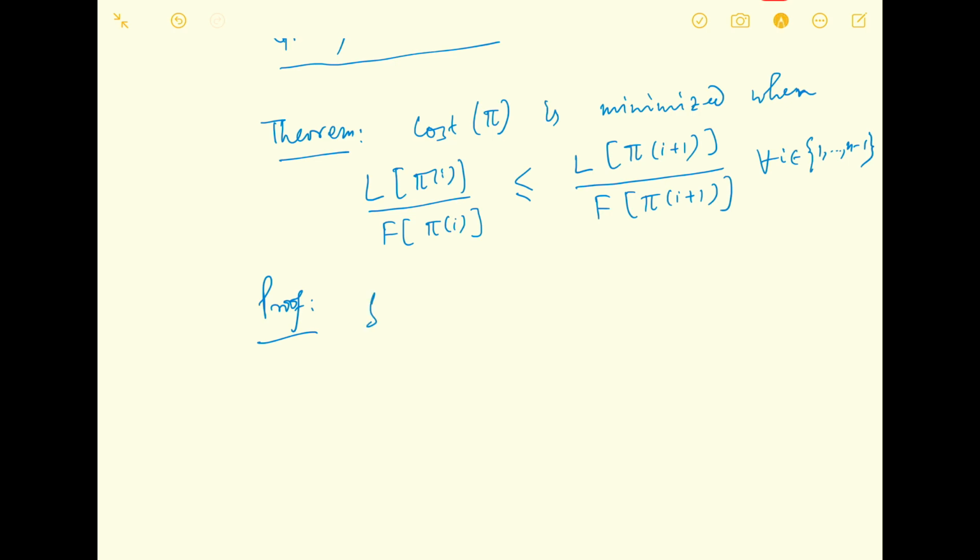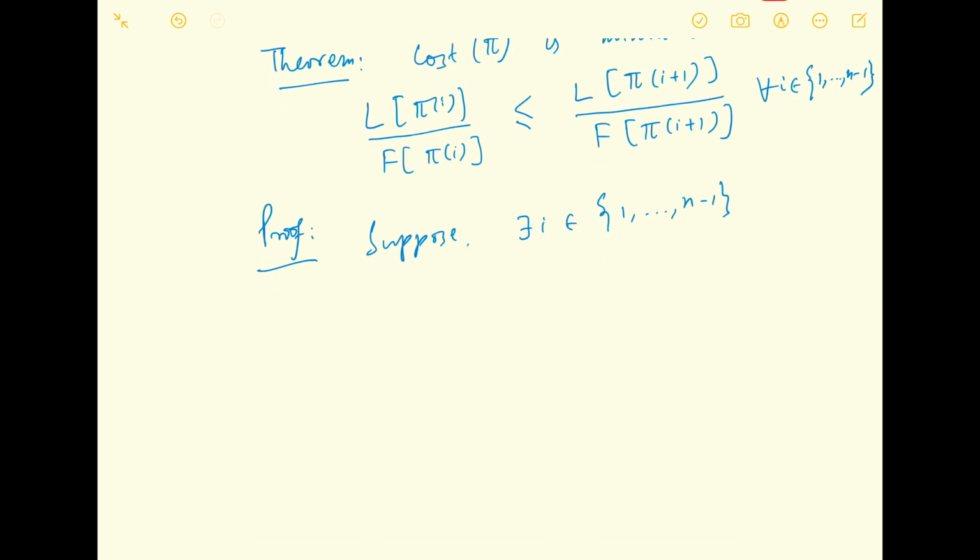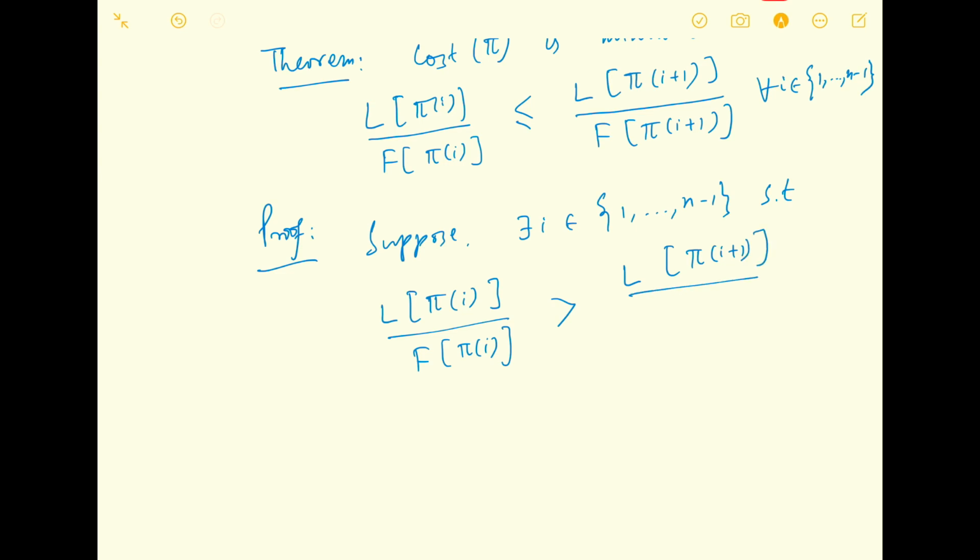So suppose there exists i in 1 to n minus 1 such that this inequality does not hold, such that L of pi i by f of pi i is strictly more than L of pi i plus 1 by f of pi i plus 1. Again, what should we do? How will we find a contradiction?